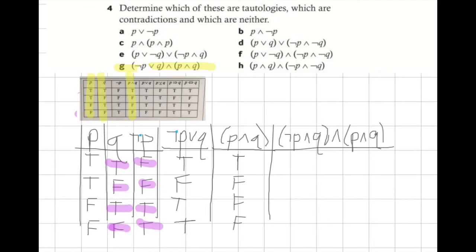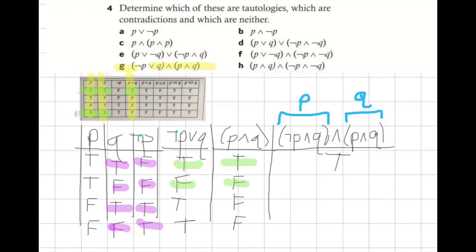Okay, so we're looking at the AND column again, and this will be our statement P, and this will be our statement Q. Okay. So first argument is true, true. So true, true is true. Second one is false, false.